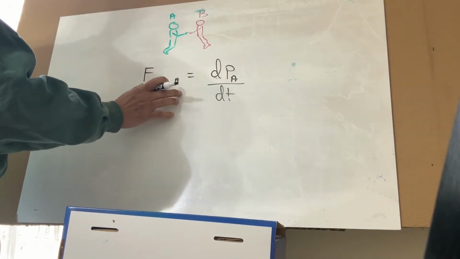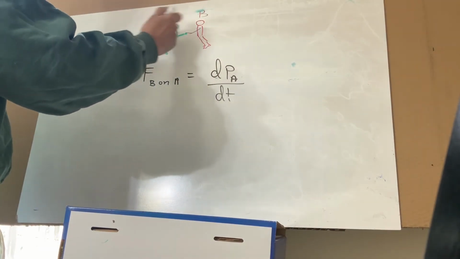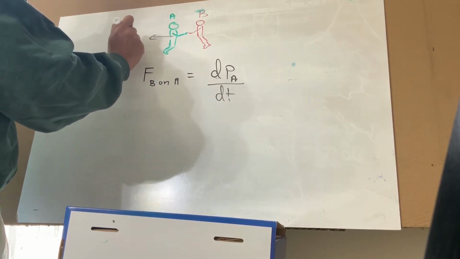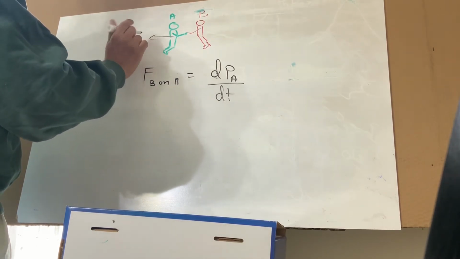So the force with which B pushes on A, this is F B on A.